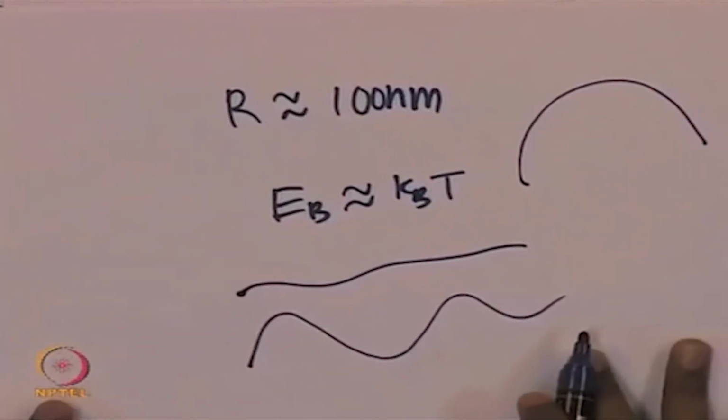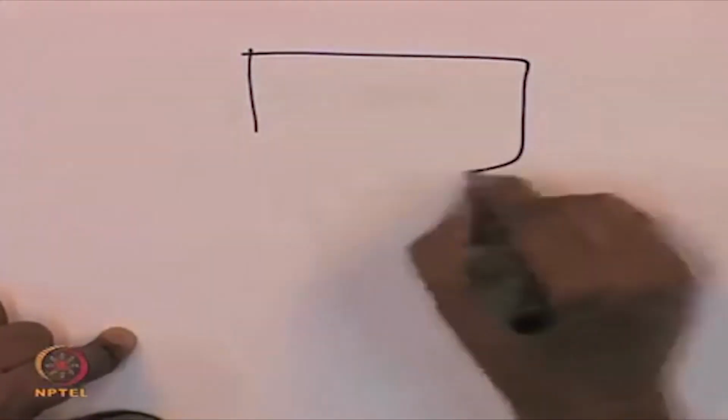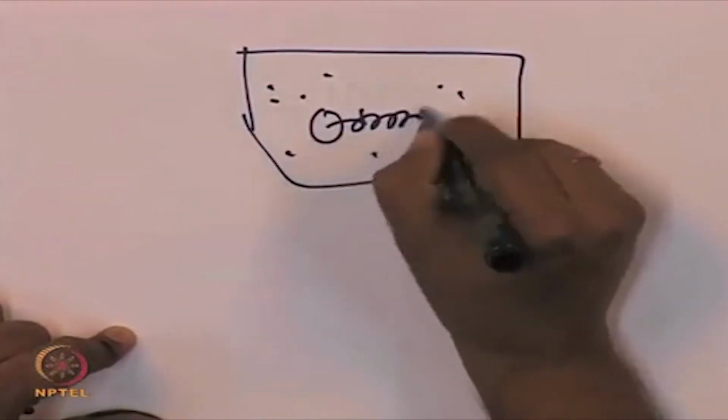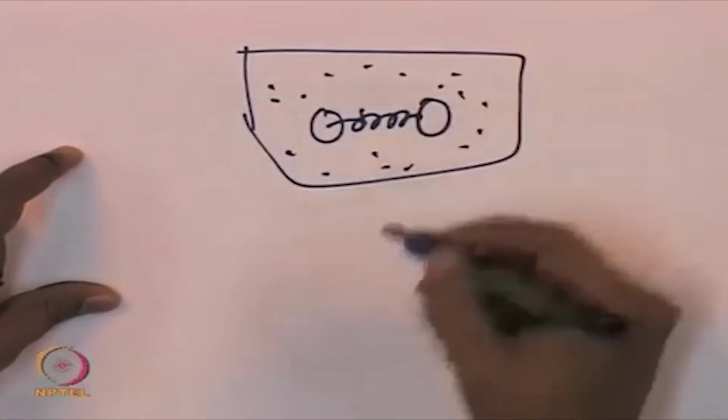So, what does this mean? This means that all the positions of the molecules will start fluctuating. We saw that in water, if we have molecules connected by springs, their positions will start fluctuating because they get hit from all directions.